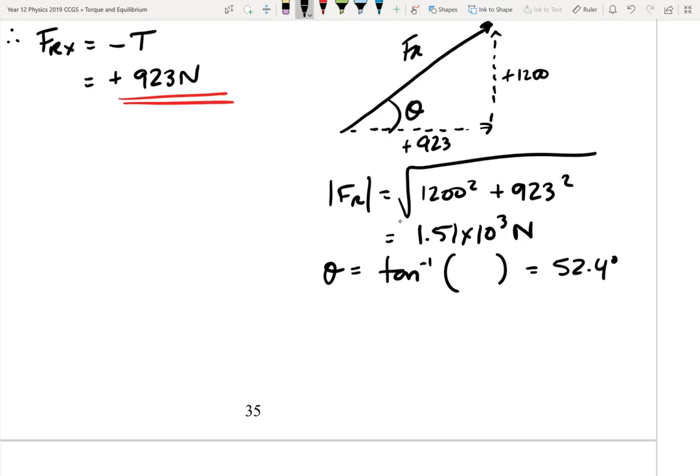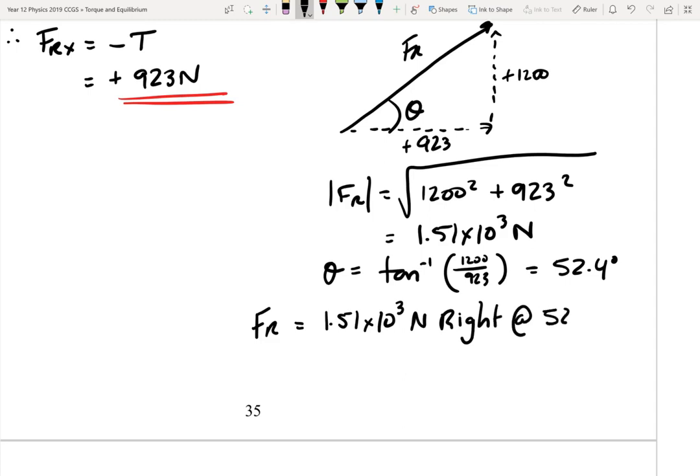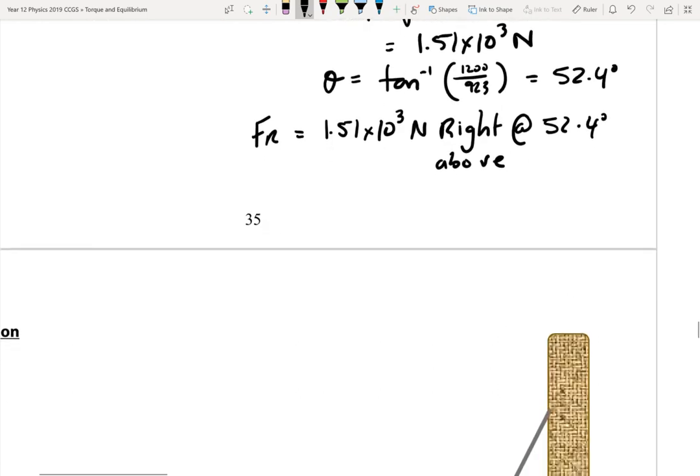Yeah, you could, but I'd rather find the angle to the horizontal. Opposite 1200 over 923. Okay, FR equals 1.51 times 10 to the 3 newtons, right at 52.4 degrees above horizontal. Okay.